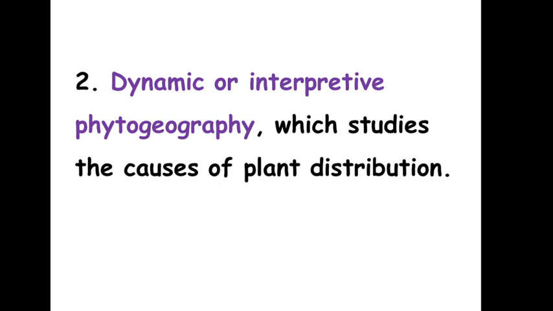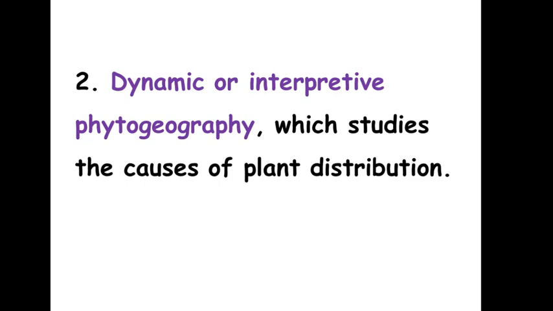So in dynamic phytogeography, a phytogeographer tries to analyze the causes, the factors which affect the distribution of plants. If a plant is not able to distribute, meaning it is confined to the particular area where it originated, why is it not able to migrate to other places?